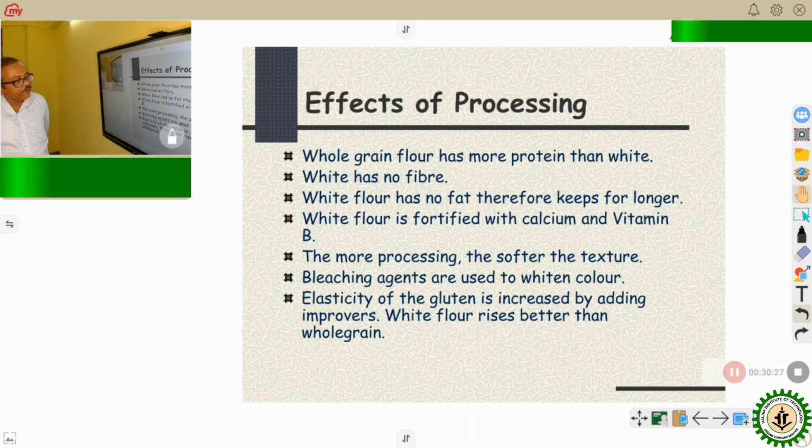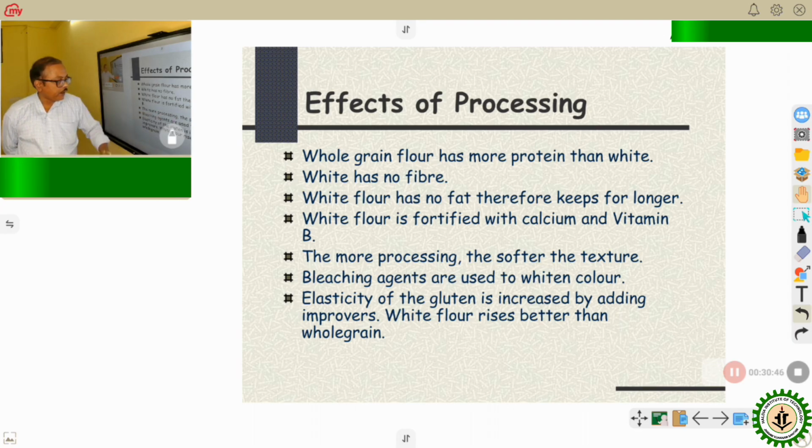Chlorine gas is the agent, and chlorine mixes with the water present within the flour to produce hydrogen chloride, and this hydrogen chloride acid action lowers the pH and hinders the gluten formation.